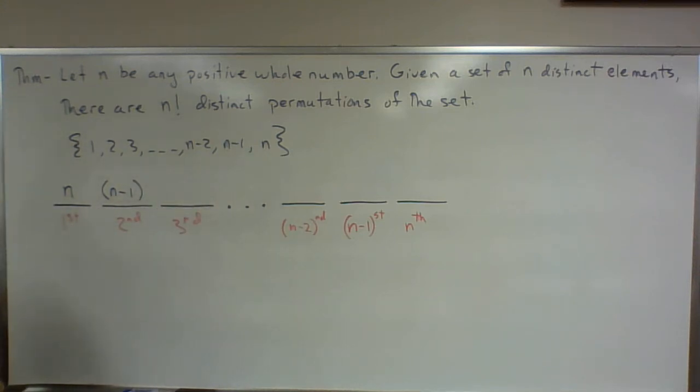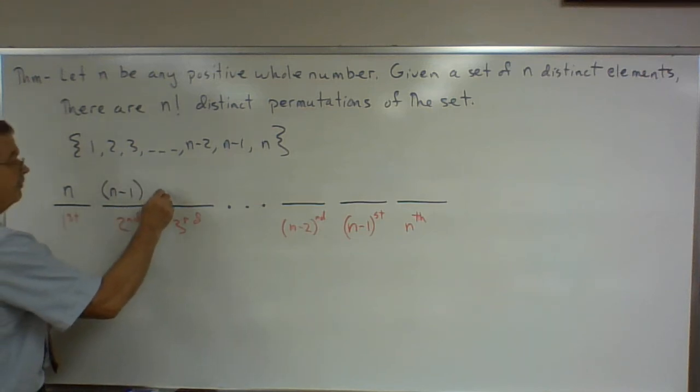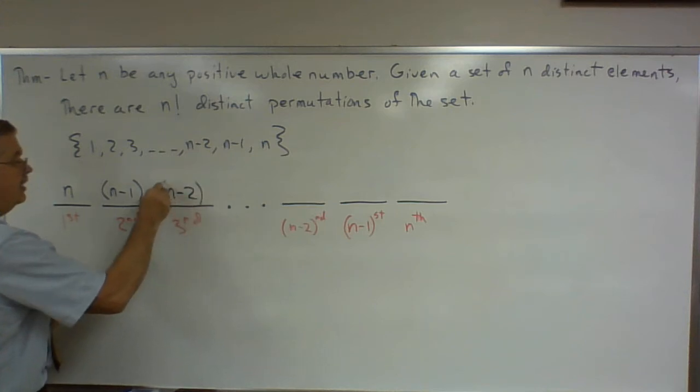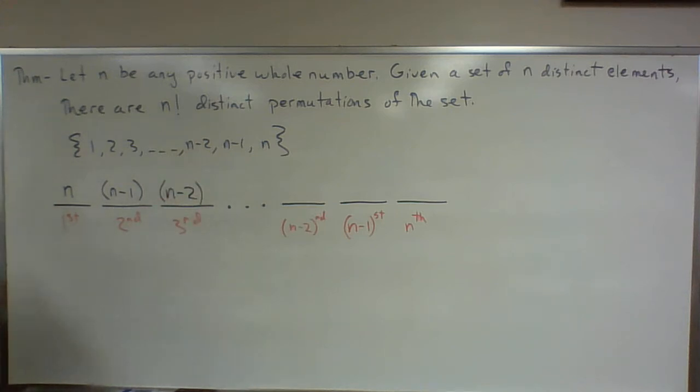And how many unselected elements are there? Well, we've selected 2 already. So there are n minus 2 elements that we haven't selected. So n minus 2 elements remain, and one of those n minus 2 elements will go in the third slot.